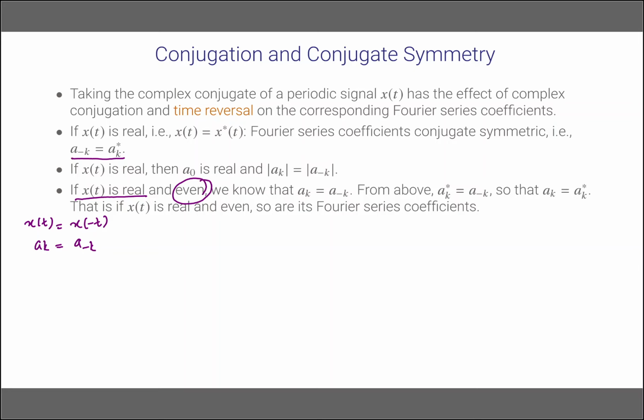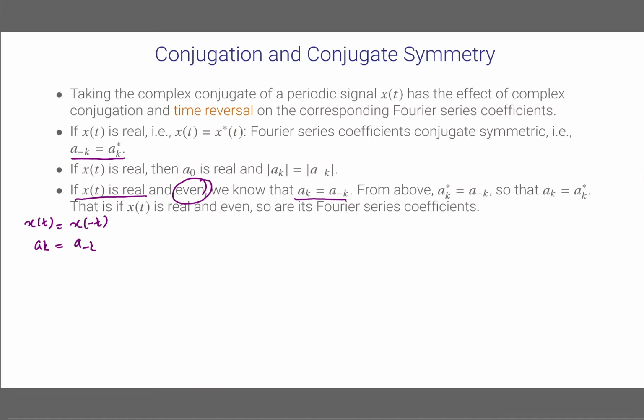Then when we combine these two things, from evenness we get this property, from realness we get this property, and if we combine, what do we get? We get a_k equals a_k*.